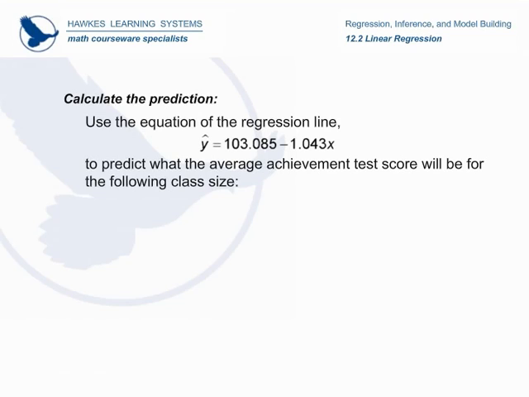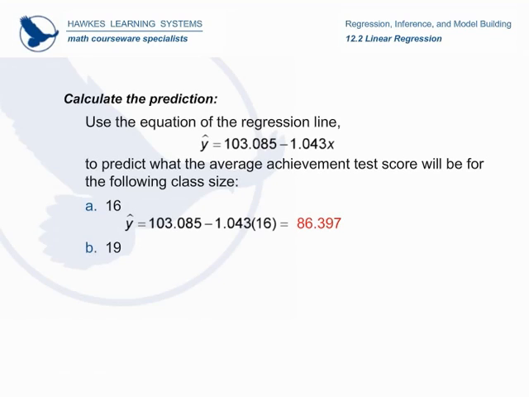Now to predict what the average achievement test score will be for the following class sizes, this is what we want to do. If we've got a class size of 16, that means the x value in our formula is 16. So we plug that 16 in where we see x. So our predicted value for a class size of 16 is an average achievement test score of 86.